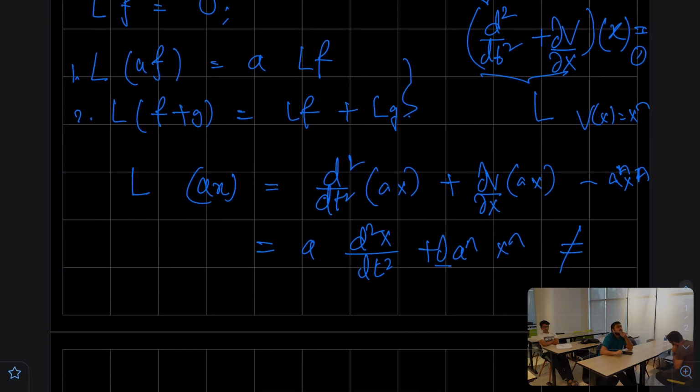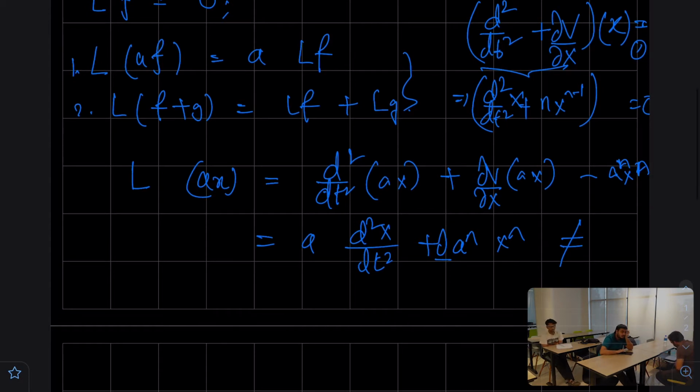So you substitute this one here: d²/dt² plus n x to the power n minus 1, acting on x equal to 0. Just go through it, act on x, and write the form so that it avoids all the confusion. Then you can just look at this and say this is not true.